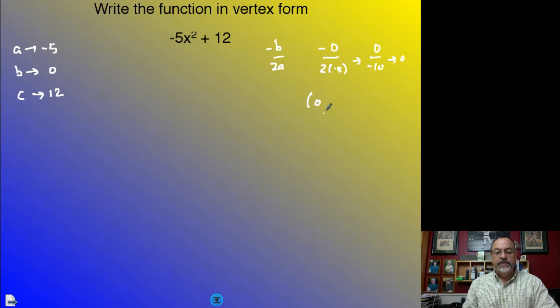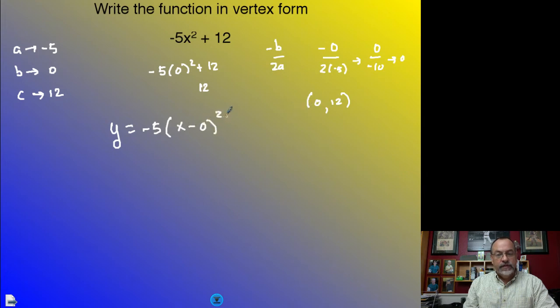So the x value of the vertex is 0. The y value I get by substituting this in and simplifying. So this is going to be 0 squared, which is 0, times -5 is 0 plus 12, which is 12. So my vertex is at 0, 12, and then my a is -5. So if I substitute this in, the a value is -5, x minus 0 squared.